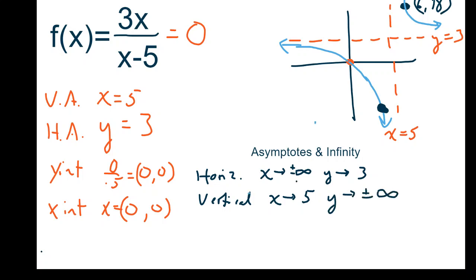And so we just see a simple delineation here between the two types of asymptotes. One of them, the horizontal, is when x approaches infinity, but for the vertical asymptote, it's when y approaches infinity. And I'm going to ask you to always make these asymptote and infinity tables as part of your answer that goes with your rational graph.